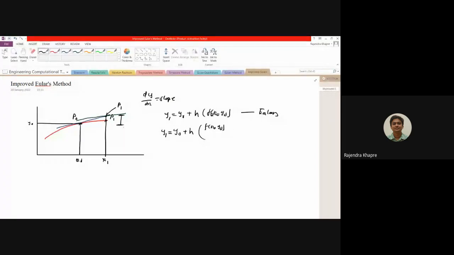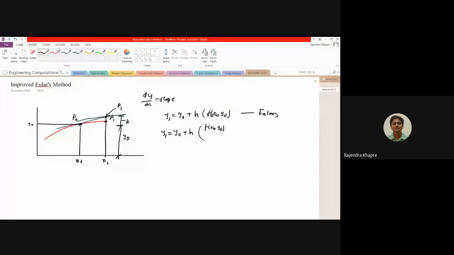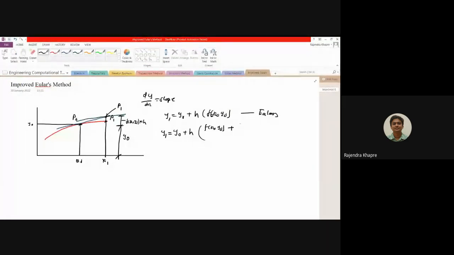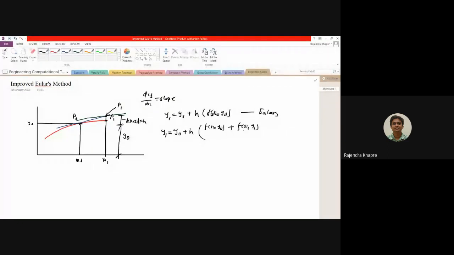In the previous section we have seen that this is your y0, and this is f of x0 y0 into h, that is the slope. Then we go for f of x1 and y1, and then divided by 2.